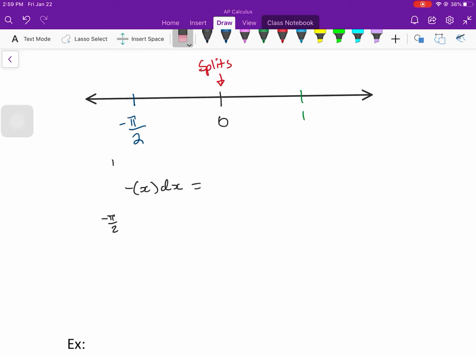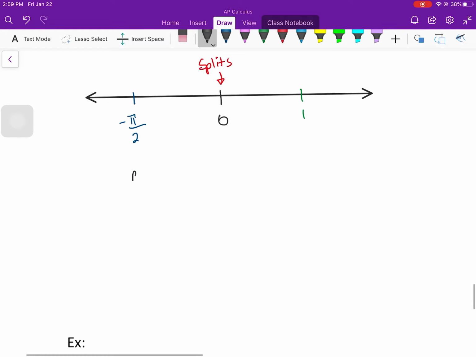Wow, these integral signs are really ugly. Sometimes I can draw these, sometimes I can't. So I'm splitting it up at 0. So we'll have our left one.